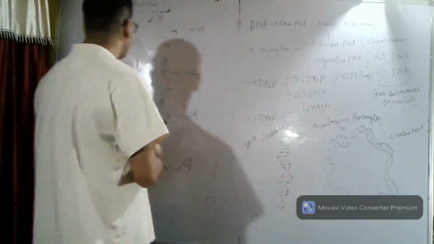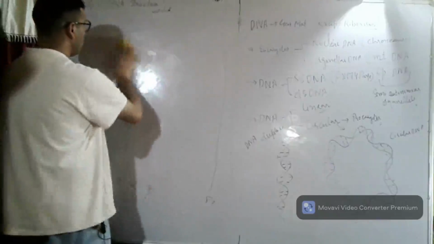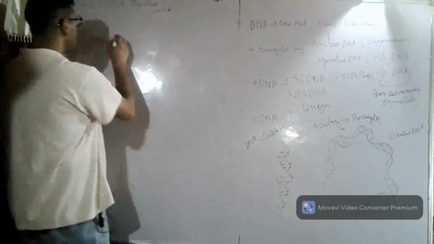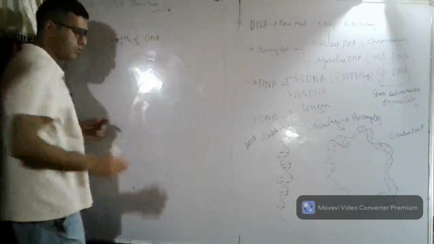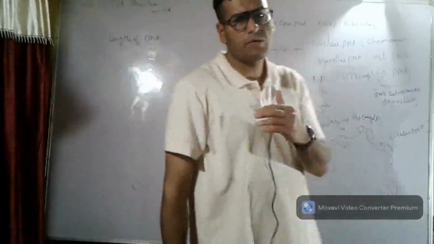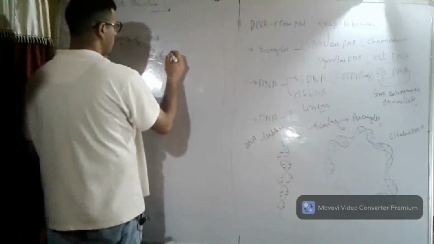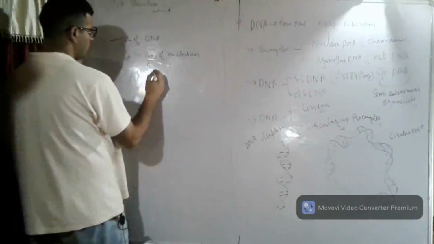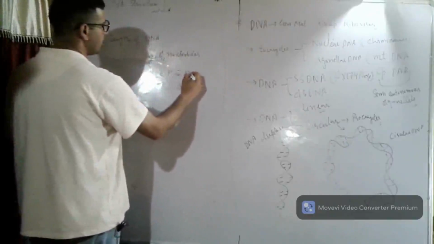Length of DNA is the number of nucleotides present in it, or the number of base pairs present in the DNA duplex.